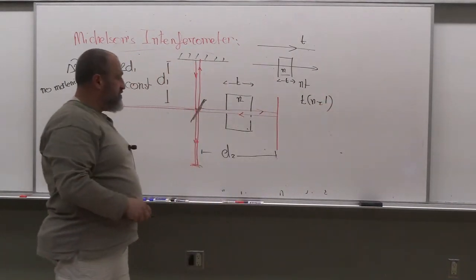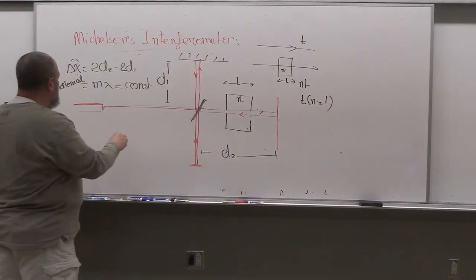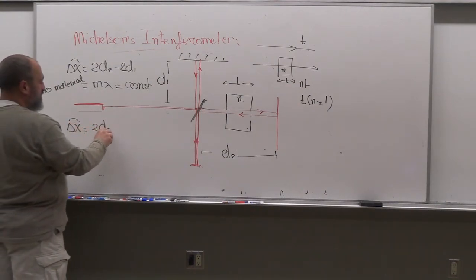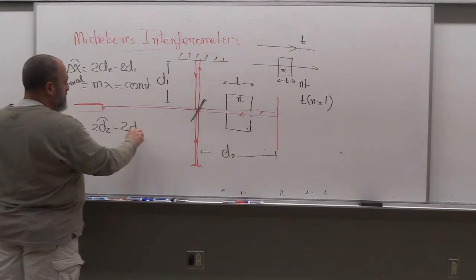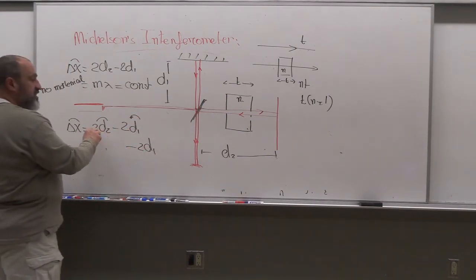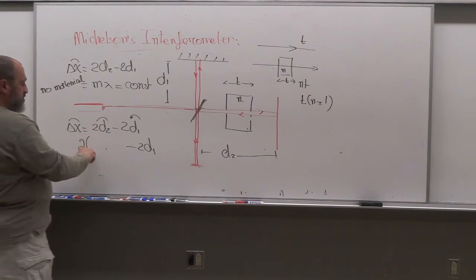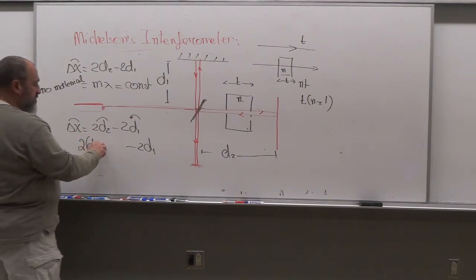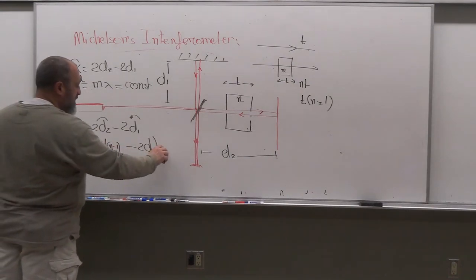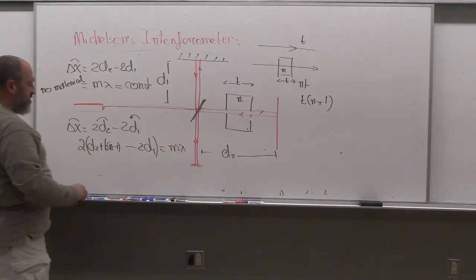So what we have now is twice that. The optical path delta x is equal to the optical path 2d2 minus the optical path 2d1, and that guy is simply geometrical path 2d1. 2d2 though is 2 into d2 geometrical plus t into n minus 1, and that's equal to m lambda for maxima.